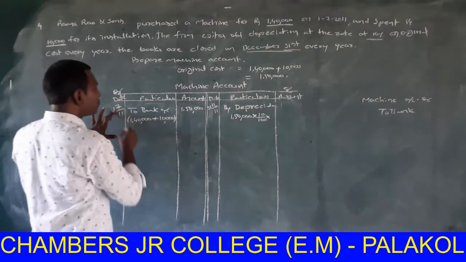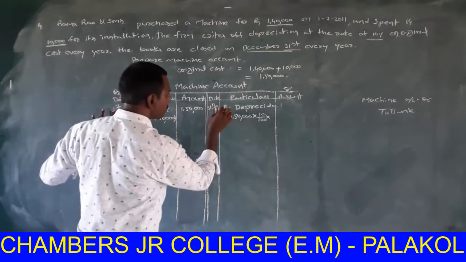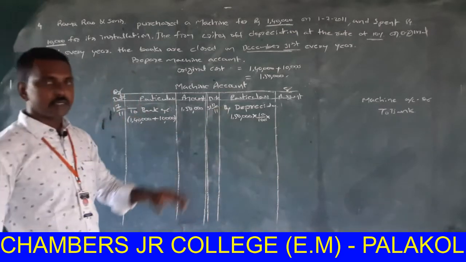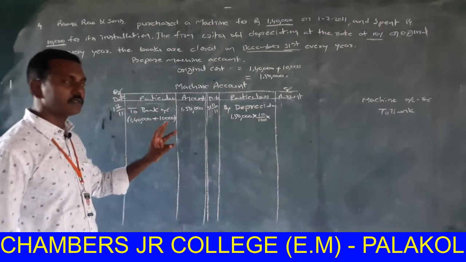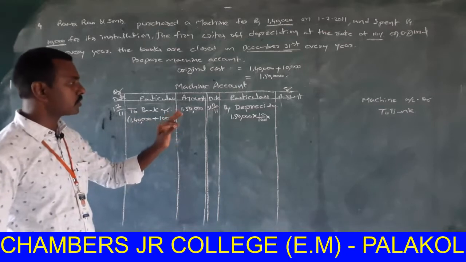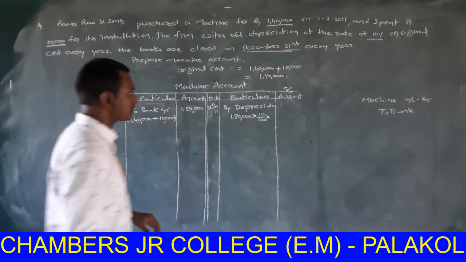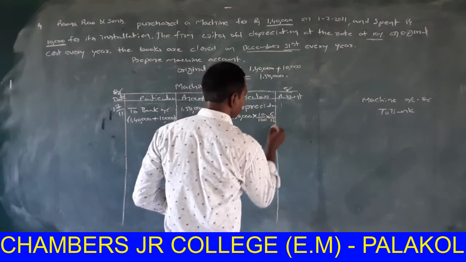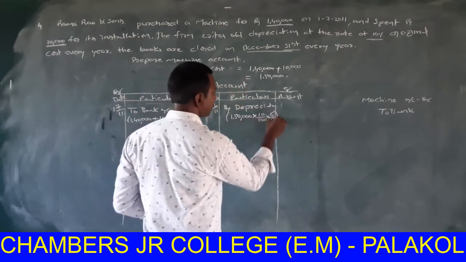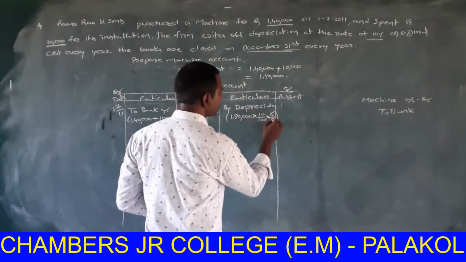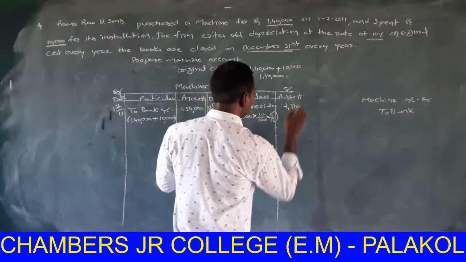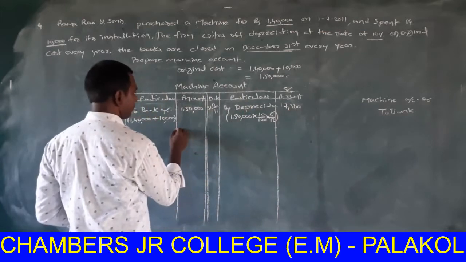From 1/7/2011 to 31/12/2011 is July to December, July, August, September, October, November, December, 6 months. So depreciation is calculated for 6 months: 1,50,000 into 10 by 100 into 6 by 12. Depreciation is 7,500.